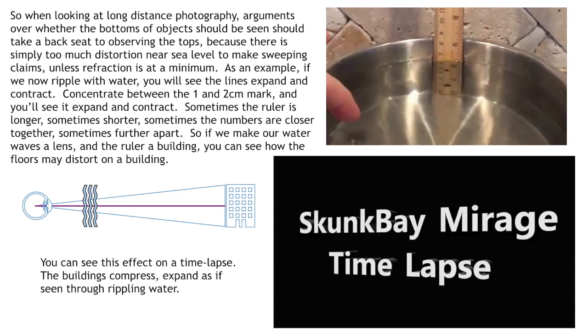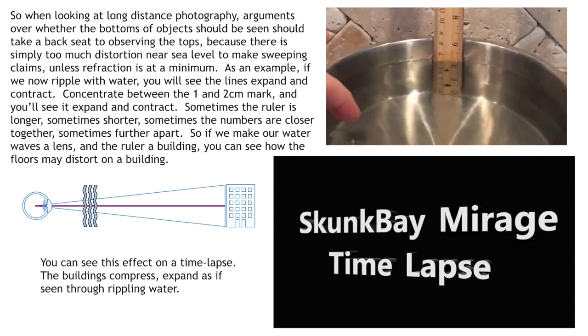As an example, if we now ripple some water with a ruler in it, you'll see the lines of the ruler expand and contract. Concentrate between the 1 and 2 centimeter marks, and you'll see it expand and contract. Sometimes the ruler is longer, sometimes it's shorter, sometimes the numbers are closer together, and sometimes they're further apart.